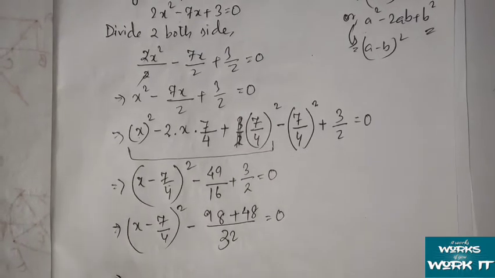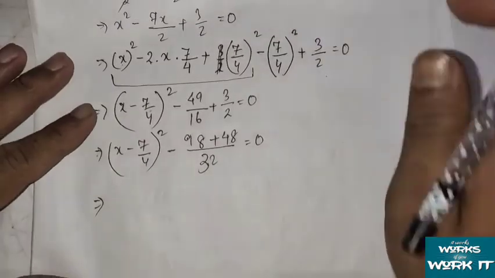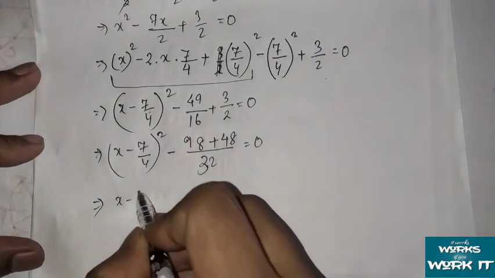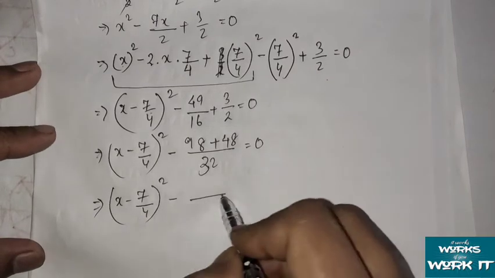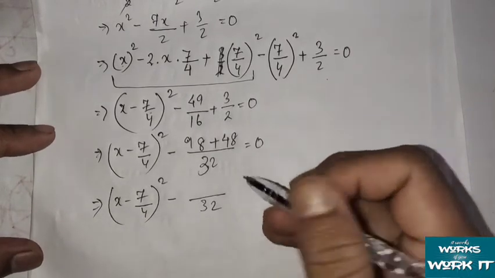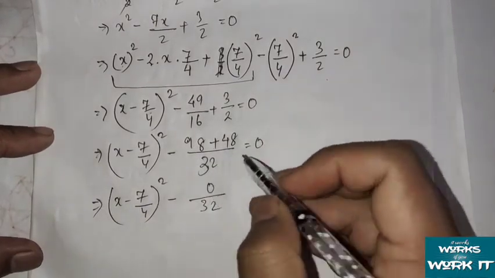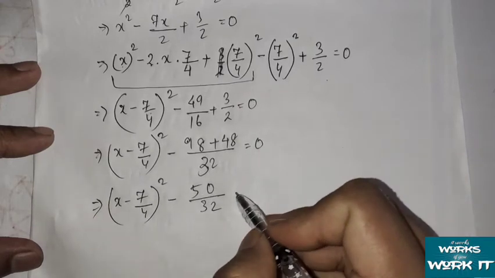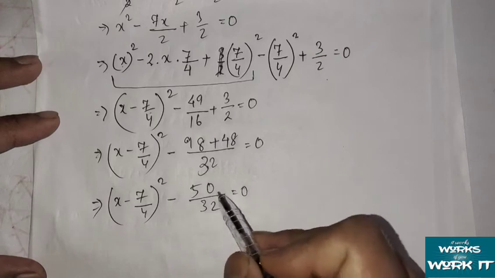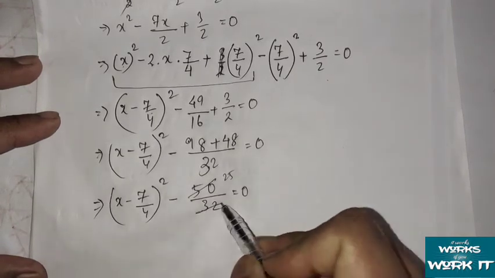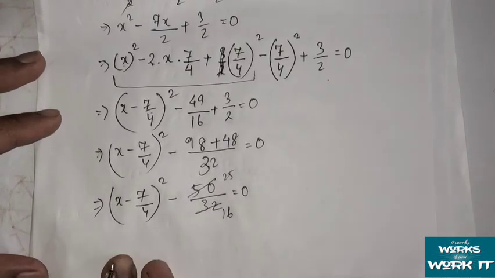So next step, (x minus 7/4) whole square minus 32, then after this will give us 50 equal to 0. So we can cancel here with 2, it will be 25, and this one will be 16.